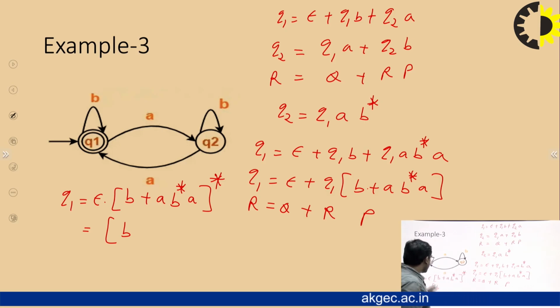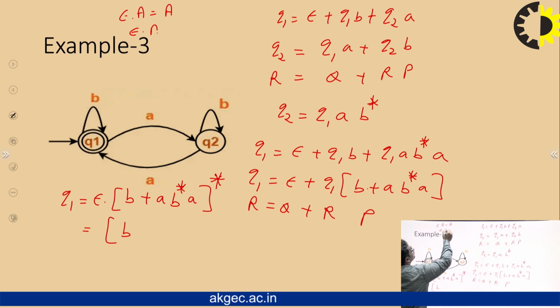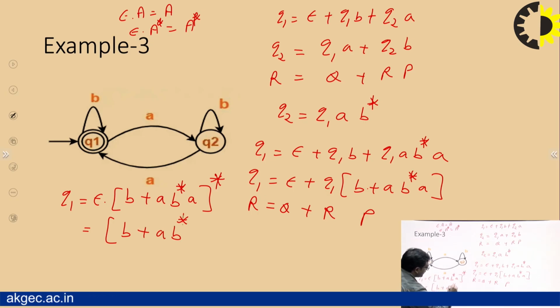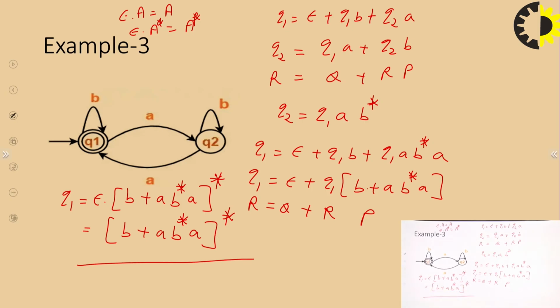Got my point? I already told you that null into A is equal to A, and null into A star is also A star. So null into (B plus AB star A) star is basically B plus AB star A, all starred. This is the final solution.